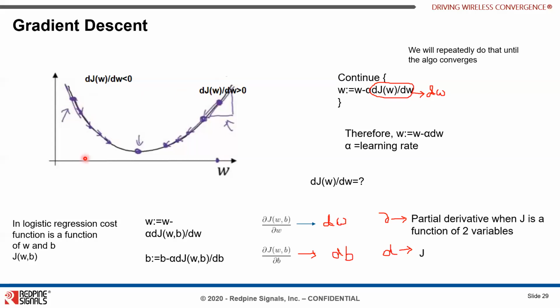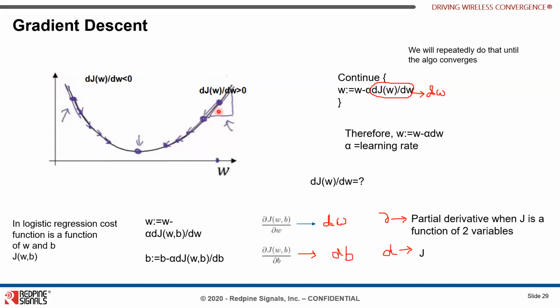Because if you see, as we go right, as we increase W, the value of this function changes. For example, this is J, the cost, and this is W. As we increase W, the value of J decreases here, and here, as we increase W, the value of J increases.